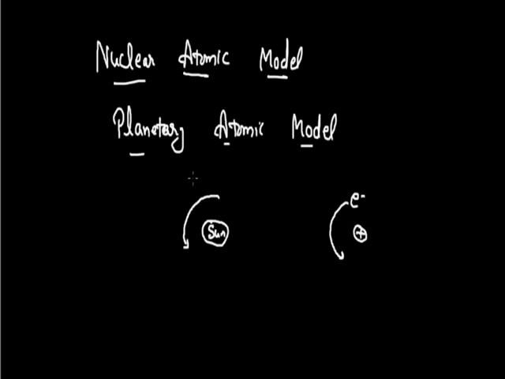But the difference is, in the planetary system, the planets do not undergo any kind of radiation loss, while according to Rutherford atomic model, if we apply Maxwell electromagnetic theory, these electrons will emit radiation, and due to the emission of radiation, they will fall into the nucleus. So that is the demerit, and that was removed in Bohr's atomic model. But except for this, it shows the same arrangement as the planets have in the solar system. So another name for this model is the planetary atomic model.